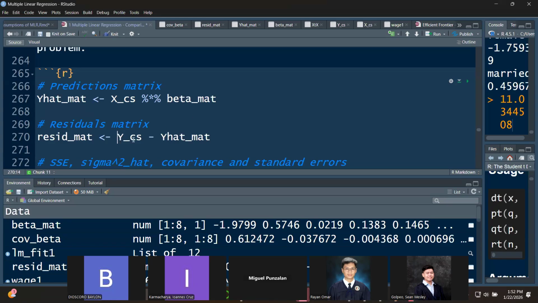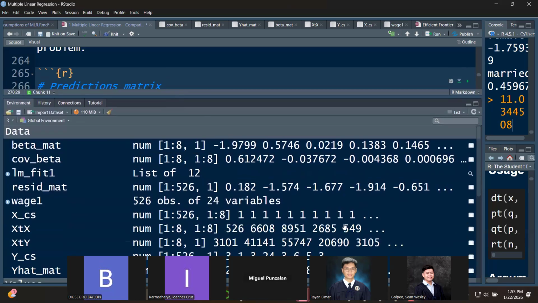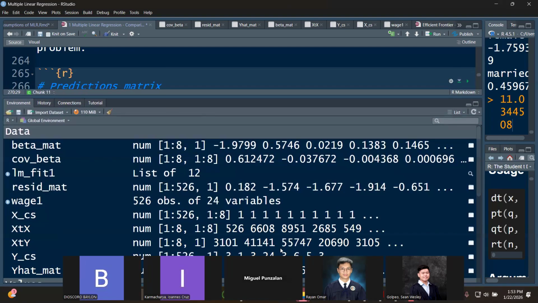The residual is simply the difference between your actual value minus your predicted value. So let me show the y hat matrix here.